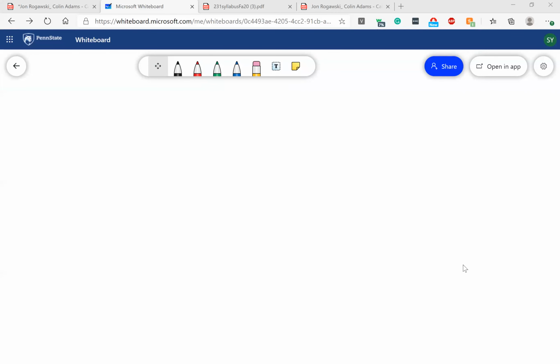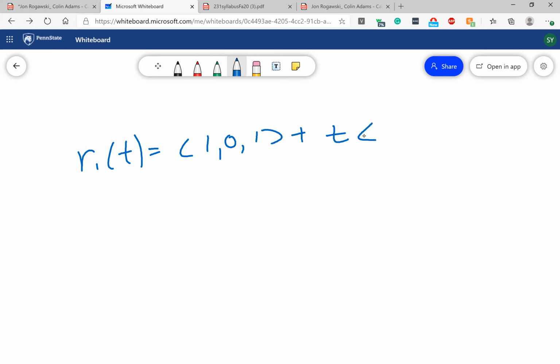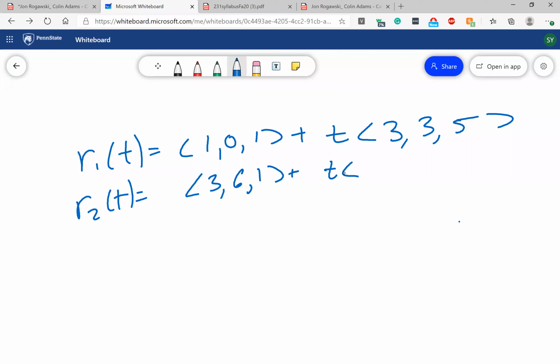The first line was R1 of t equal to (1, 0, 1) plus t times (3, 3, 5). And R2 of t was equal to (3, 6, 1) plus t times (4, -2, 7).